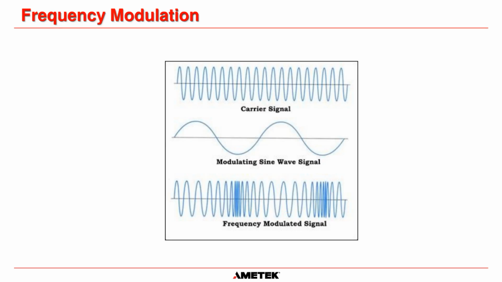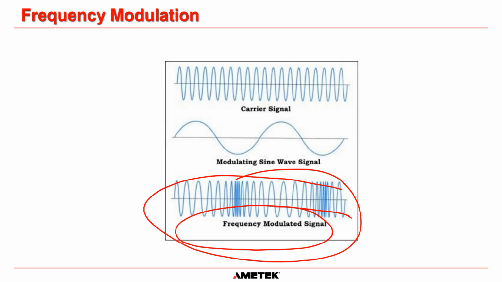What's happening now is for this portion here, what we're actually doing is changing the frequency. We're actually lowering the frequency. The frequency is lowering for this point here. And then as we go here, the frequency is increasing. Okay, so this signal that comes out here is a frequency modulated signal because the only thing that is changing in this waveform here is the frequency, not the amplitude.